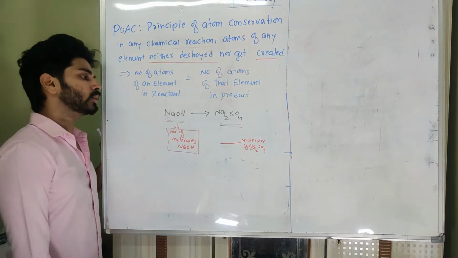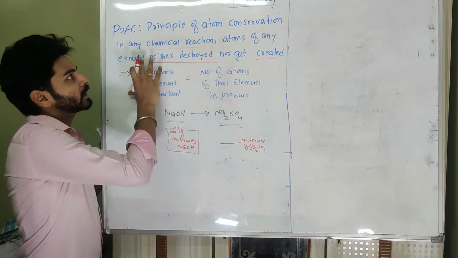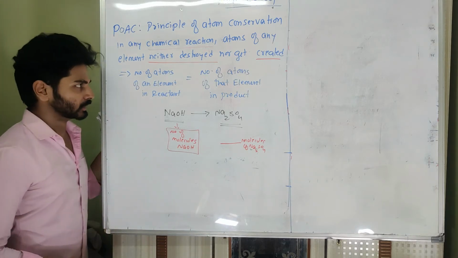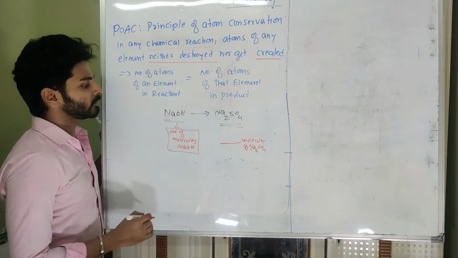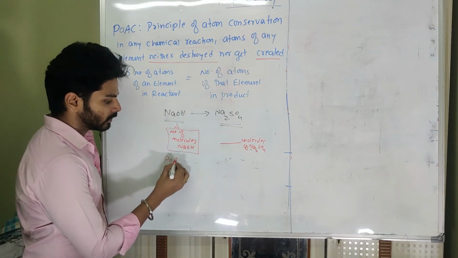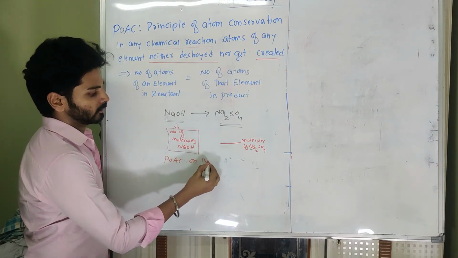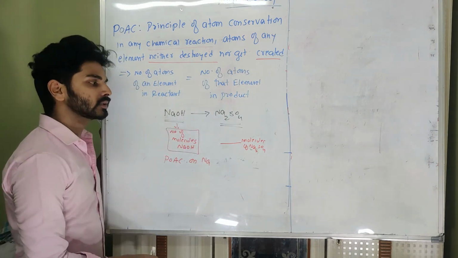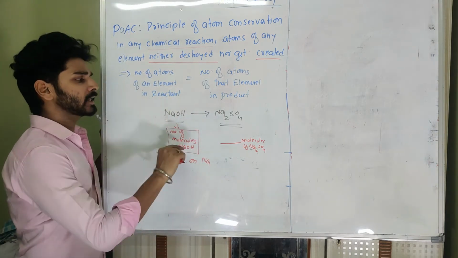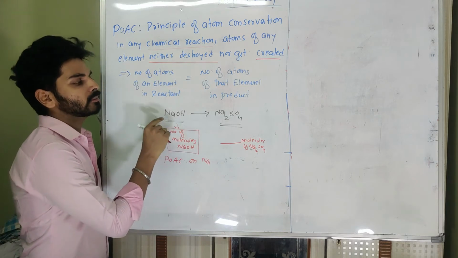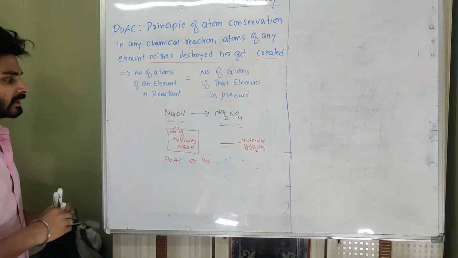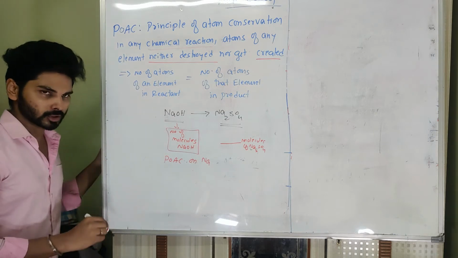Right now we don't have the complete reaction, so all we can do is apply the principle of atom conservation. So POAC is applied on sodium. Why sodium? Because it is the common element present in both the reactants and products, and it is also mentioned that all the sodium from NaOH got into sodium sulfate. The data we have is the number of molecules of NaOH.